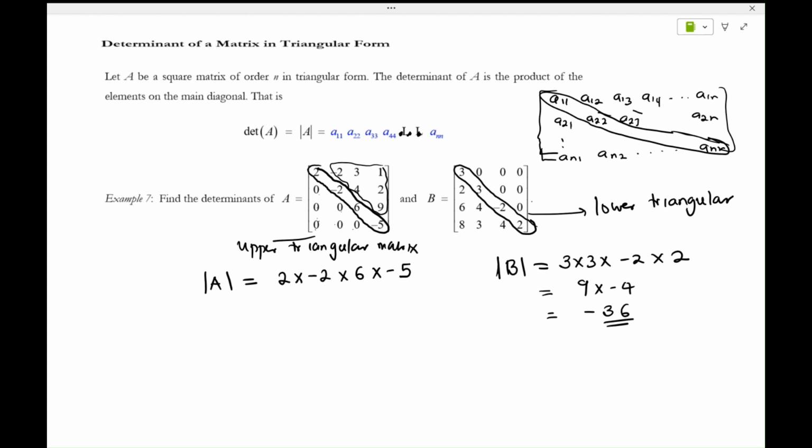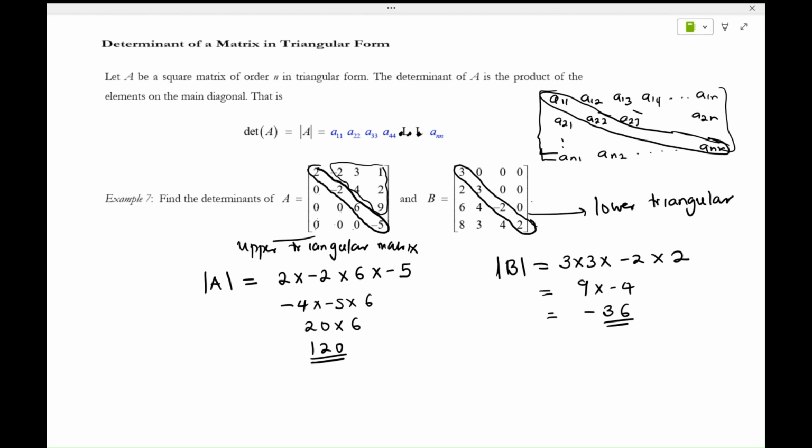Then for this one, it's going to be -4 times -5, which is 20, times 6, which gives us 120.